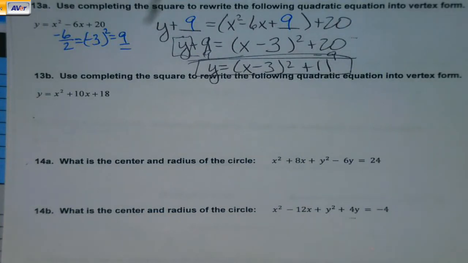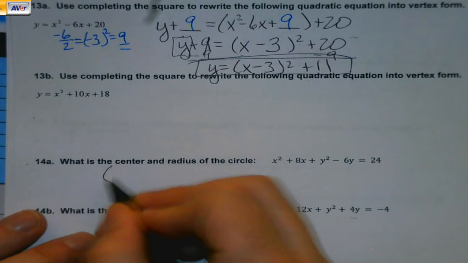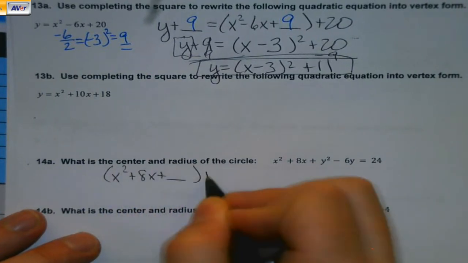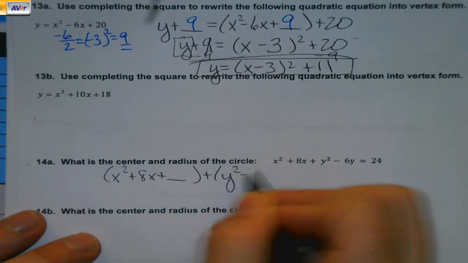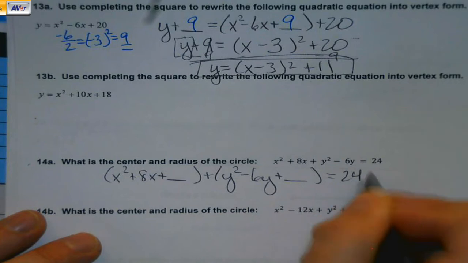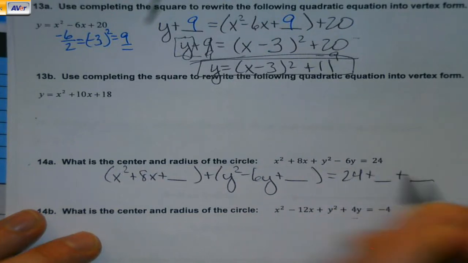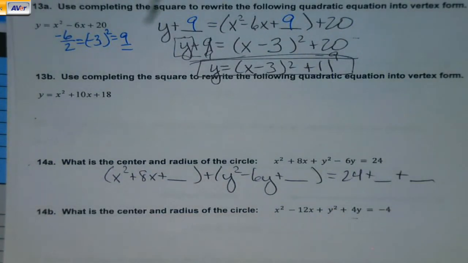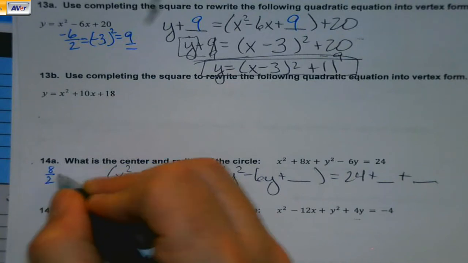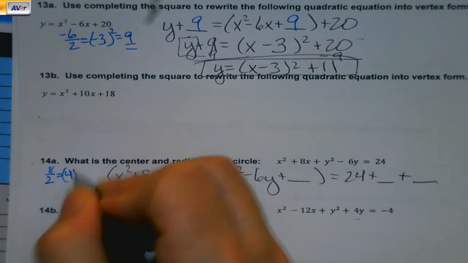Okay, a little more with our completing the square things. We're going to put a blank with our x's. We're going to put a blank with our y's. We're going to put those same blanks with our value on the other side. And then we just do our little side work here. Have b and square it.